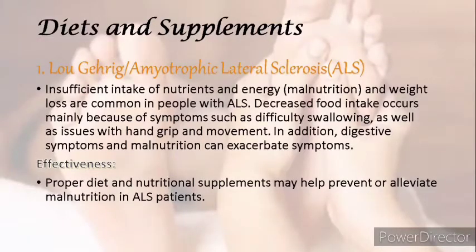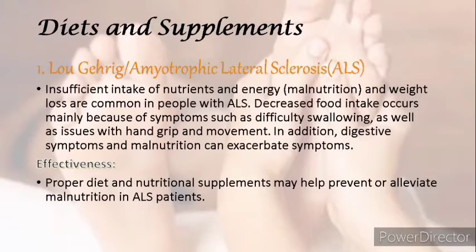And now let's proceed to diet and supplements. To treat Lou Gehrig's disease, amyotrophic lateral sclerosis, insufficient intake of nutrients and energy and weight loss are common in people with amyotrophic lateral sclerosis. Decreased food intake occurs mainly because of symptoms such as difficulty swallowing, as well as issues with hand grip and movement.